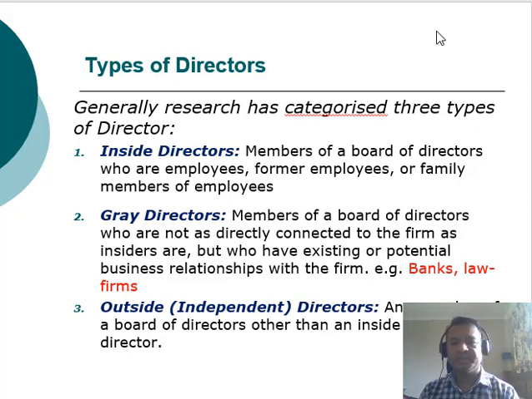On the other hand, gray directors include members of the board of directors who are not as directly connected to the firm as insiders are, but who have existing or potential business relationships with the firm, such as banks and law firms. And the last one, independent directors are any members of a board of directors other than inside or gray directors.